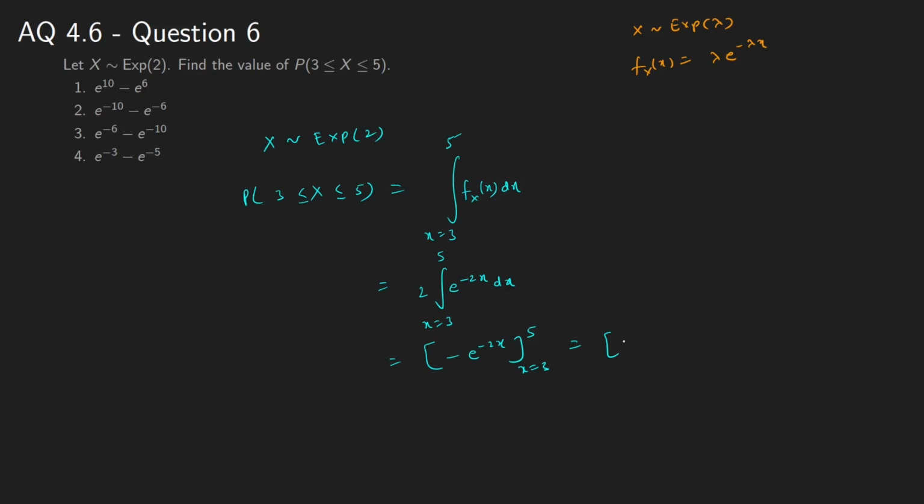So it will be minus e raised to the power minus 10 minus, minus e raised to the power minus 6. So that is finally e raised to the power minus 6 minus e raised to the power minus 10. So this is the probability that x will take values in the range 3 and 5. So the option corresponding to this answer is the third one.